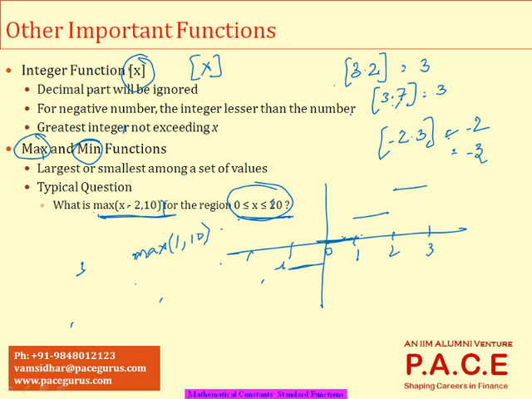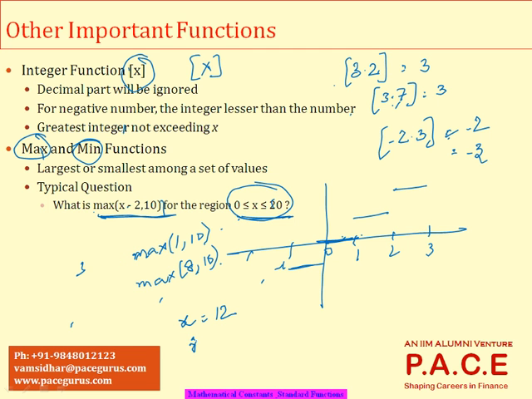Similarly, if x is 10, it is maximum of 8 comma 10, which is still 10 only. So how long? Until x equals 12. If x equals 12, it is maximum of 10 comma 10, which is still 10.